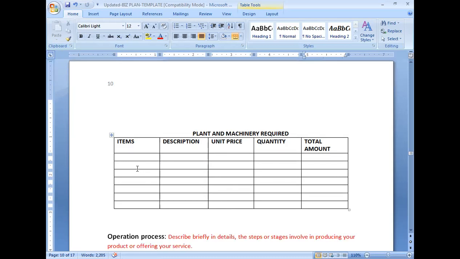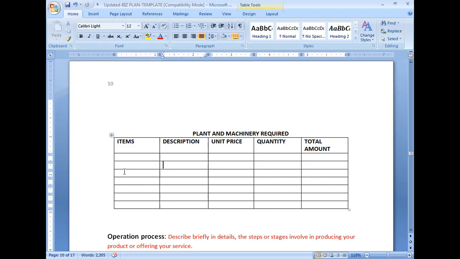The next is going to be a sifter, for sifting of pressed cassava, then the price and the quantity, then total amount.